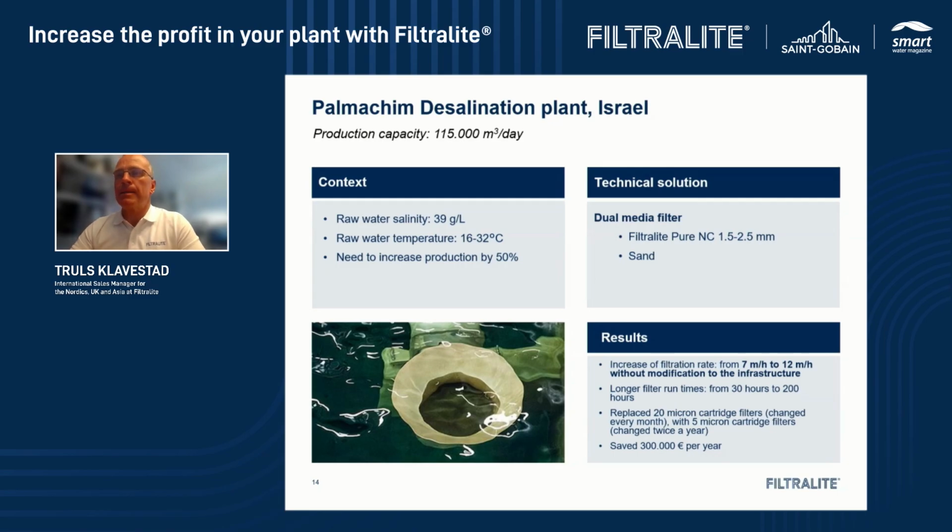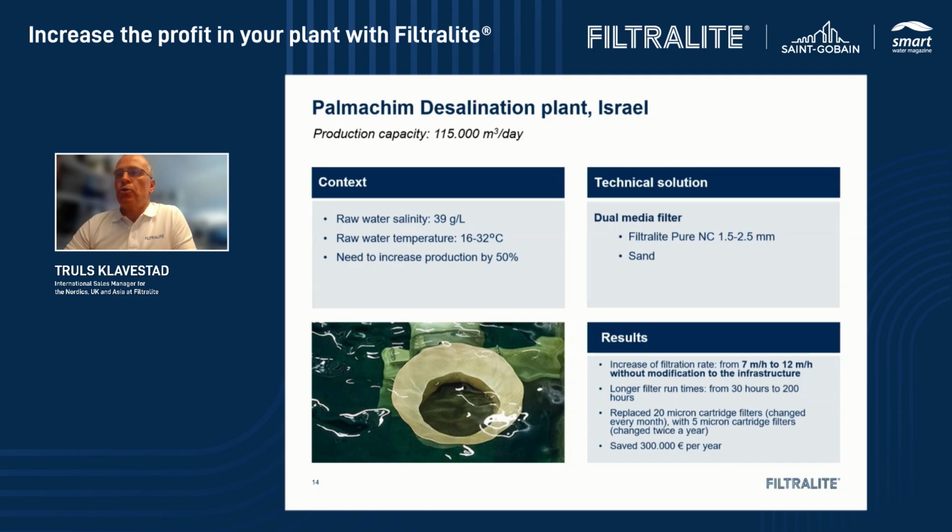On top of that, they could also reduce the cartridge filter. They used to have a 20 micron cartridge filter, and they changed it every second month. So 6 times a year, they changed this 20 micron cartridge filter.